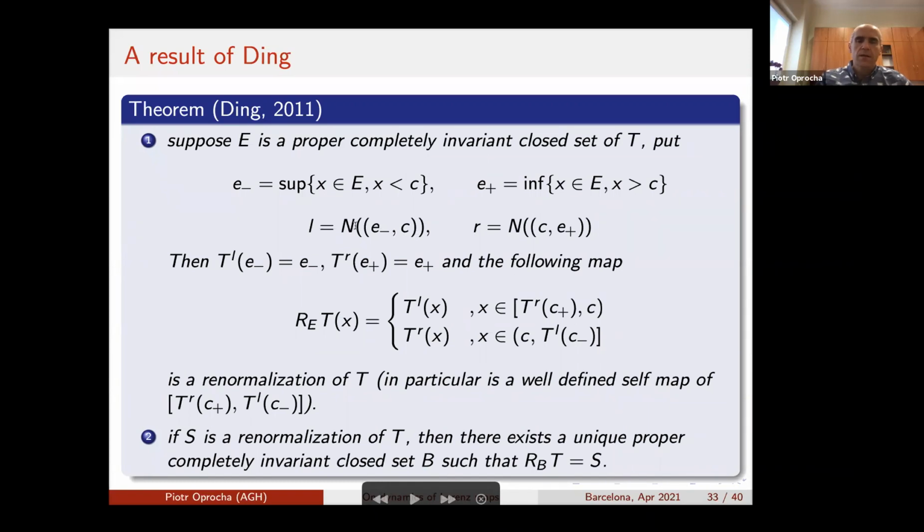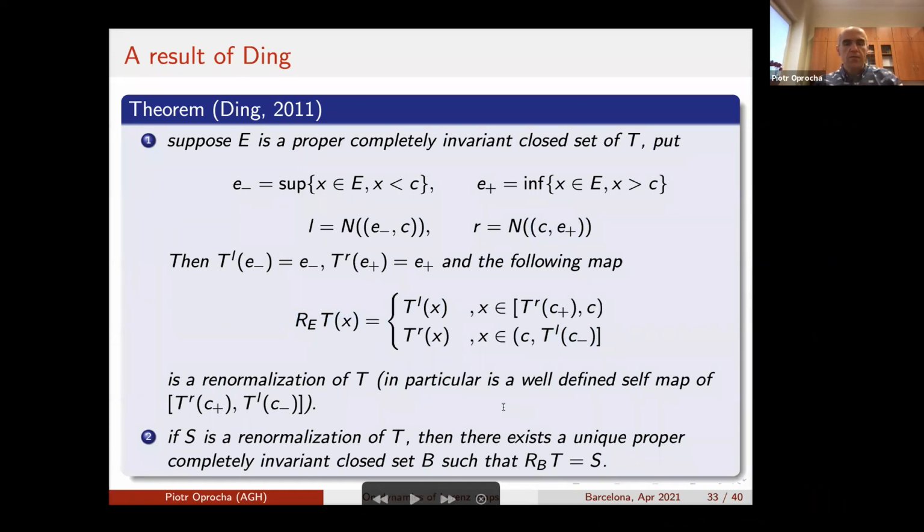L and R tell you the first moment that this interval E minus C will cover C, and right is the same, but for the right side. Then if you define your map that way, you will get renormalization. So this is the first part of this theorem.